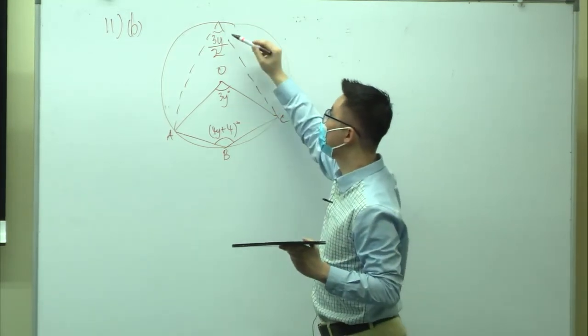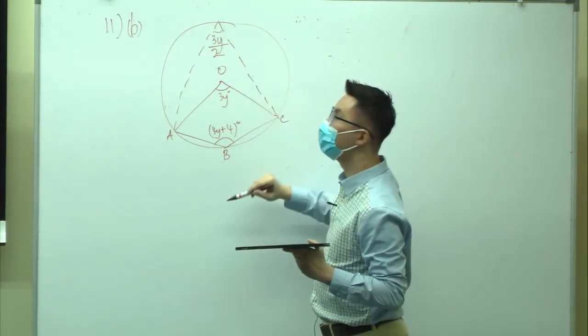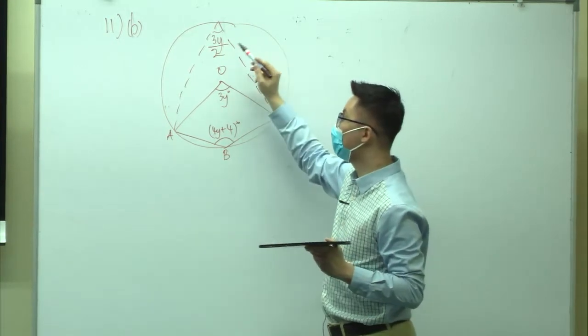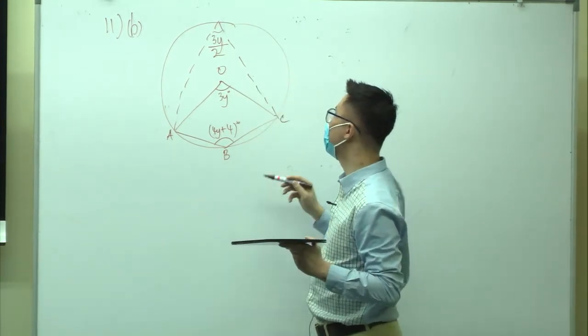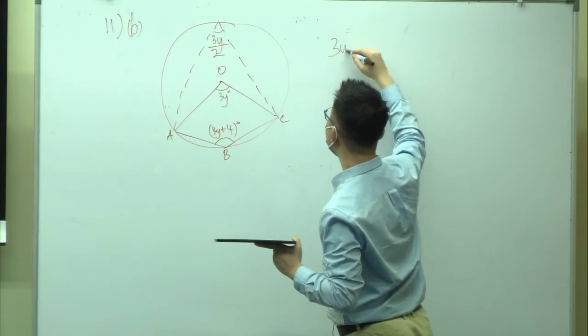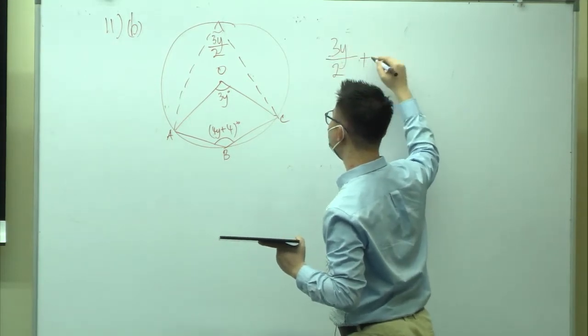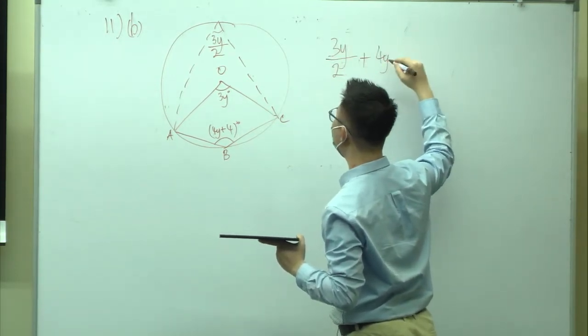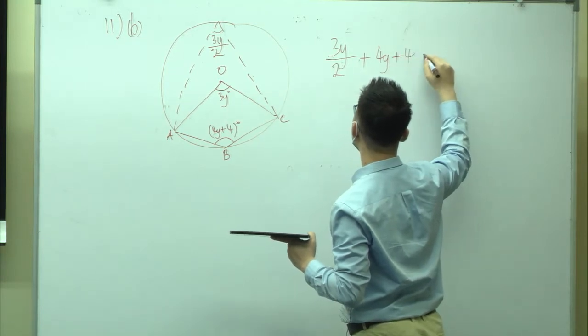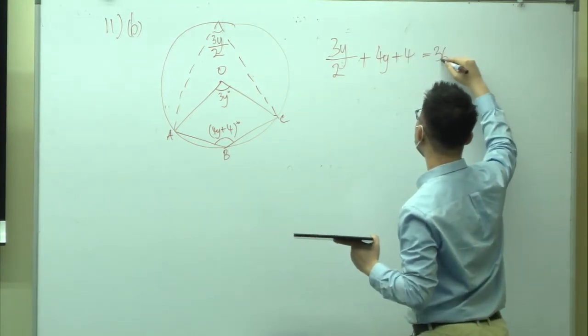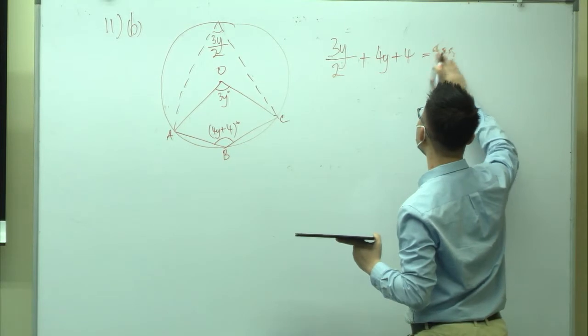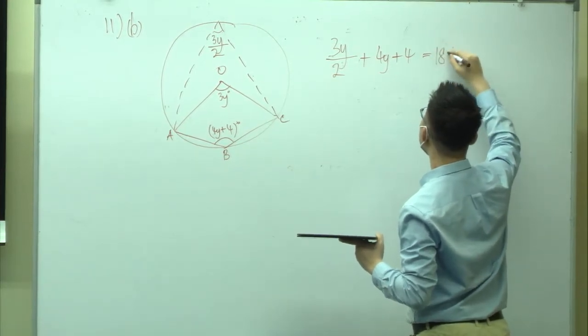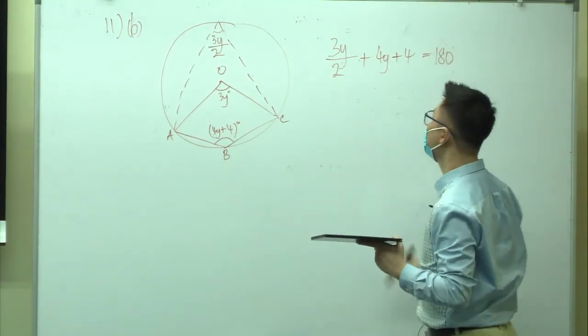So the sum of this angle and this angle will be 180. 3y over 2 plus 4y plus 4 equals 180. Got it?